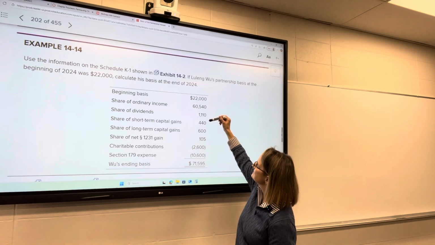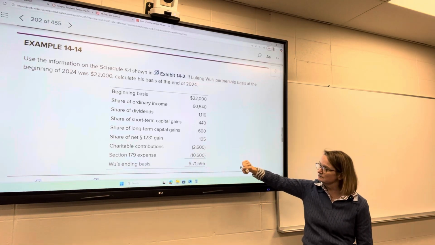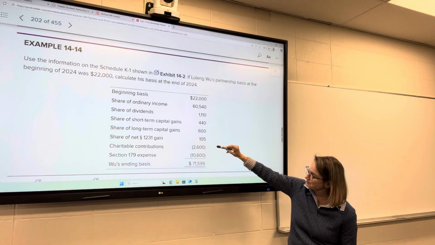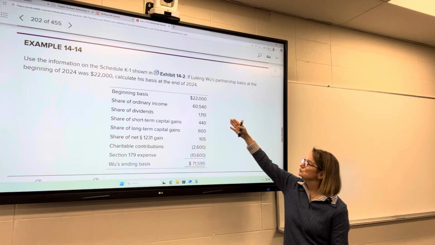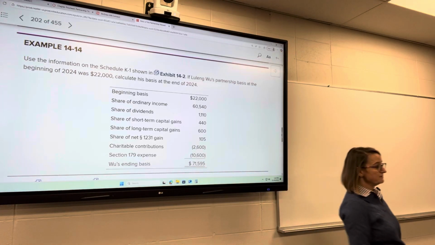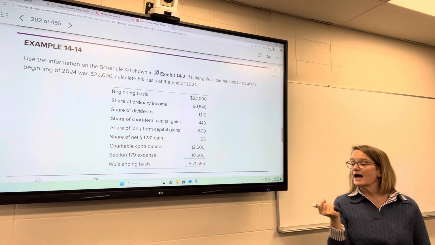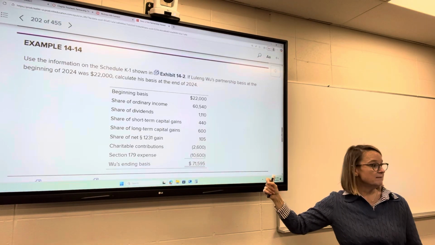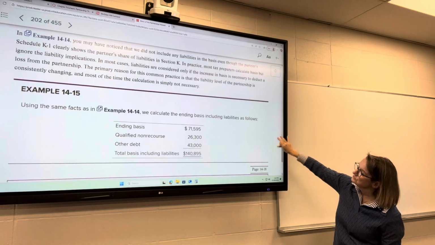We're going to add these other separately stated income items, and then we subtract the separately stated expense items. So if you do all of that math, the ending basis is $71,595.